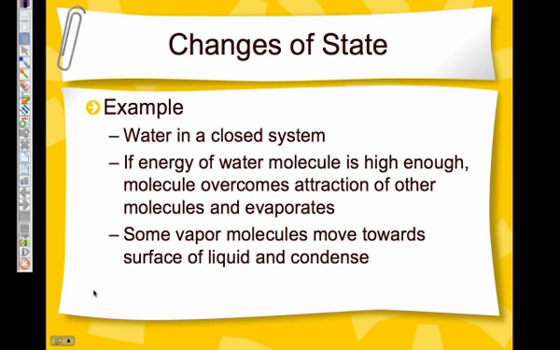But there's some water molecules that are vapor already that get close enough to the surface of the water that they get attracted by the other water molecules and become part of the liquid water. So when the rate of the water molecules leaving the surface and the water molecules joining the surface of the water are at the same rate, that is equilibrium.